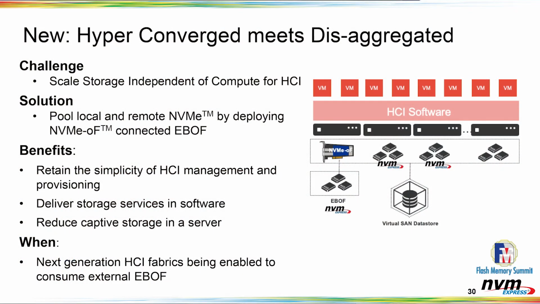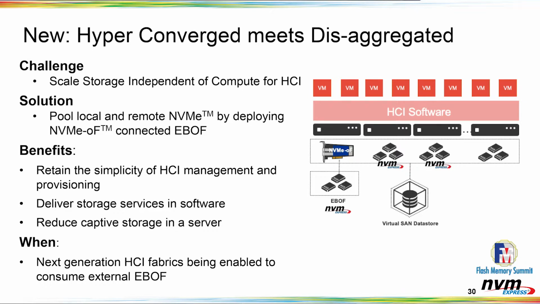In the next few slides, I'll talk about a few new and emerging use cases that we see out there. And everybody in the room, hopefully, is familiar with hyper-converged infrastructure, or HCI. There are many different solutions from various vendors, both software-only solutions as well as hardware solutions. Popular names are VMware vSAN, Nutanix HCI, and things like that.